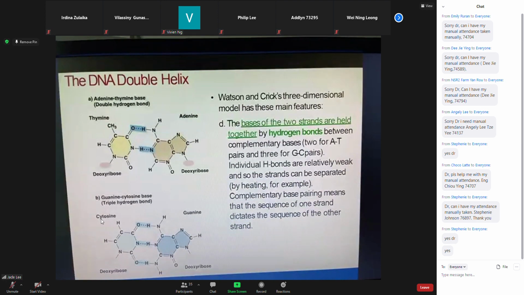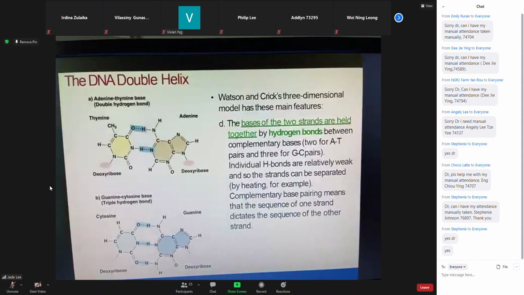Individual hydrogen bonds are relatively weak, so the strands can be separated by heating. For example, if you come to third year later and have your final project, or maybe the chance to do PCR, you will heat up your DNA sample to a very high temperature, about 95 degrees Celsius, to break the hydrogen bonds so that they become individual strands before PCR can take place.